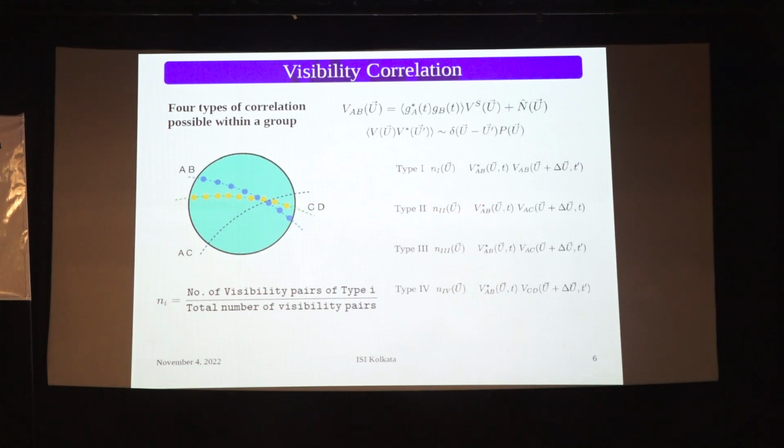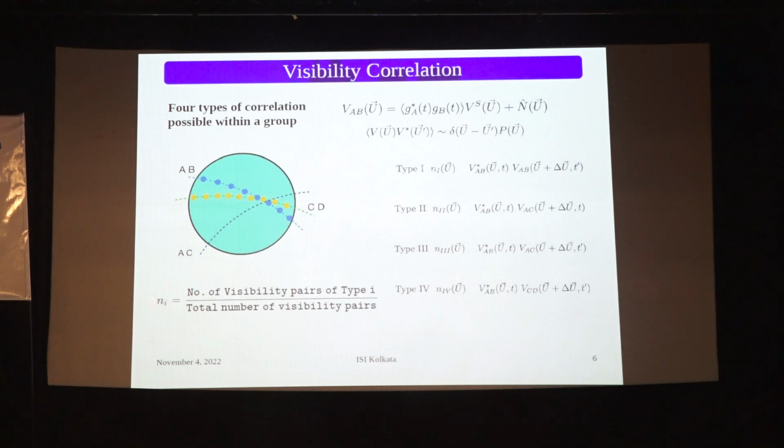Again, we can have the cases where one antenna is common and the visibilities are measured at the same time stamp. In the third case, we can have visibility pairs where we have one antenna in common but they are measured at 2 different time stamps. And in the fourth case, all other cases fall, where we have no antenna in common.